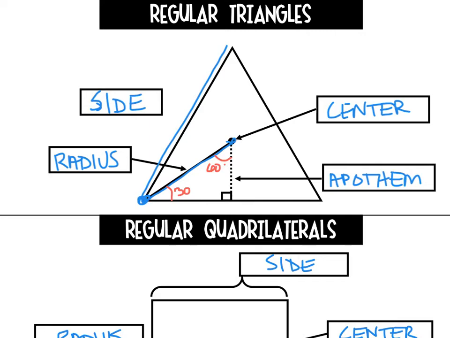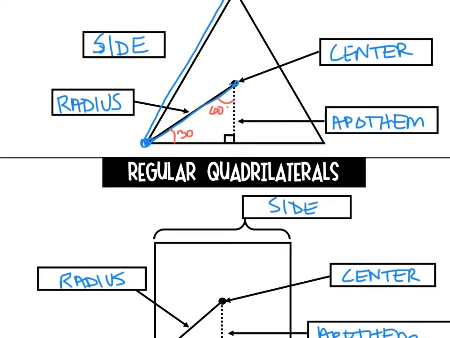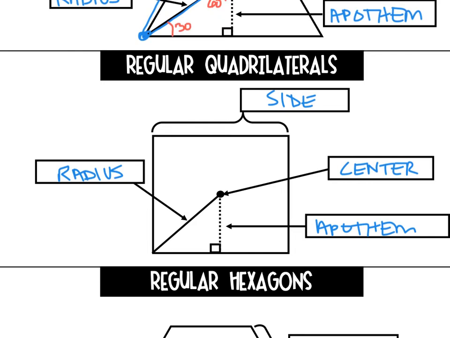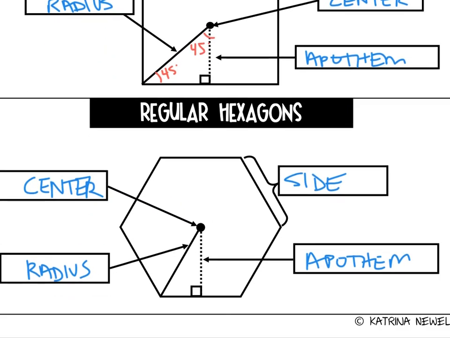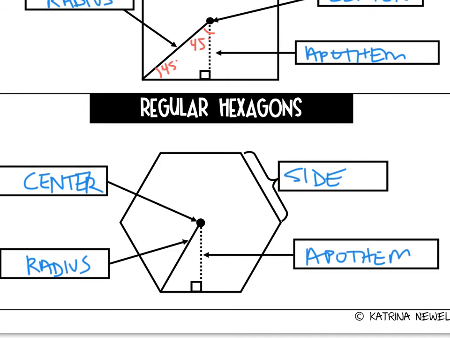Then we've talked about with a square, when I have that diagonal and this is still a piece of the diagonal, then it's going to make a 45, 45, 90 triangle. And then for a hexagon, it makes a 60, 30, 90. So this bottom angle is 60, and then the top one is 30. So we're still going to be using special right triangles.